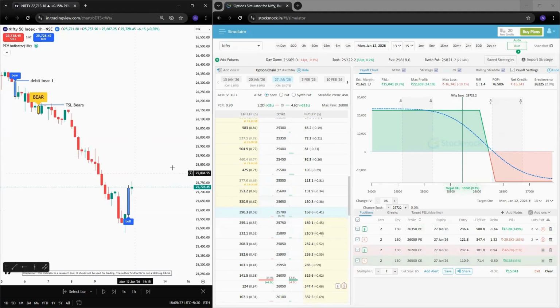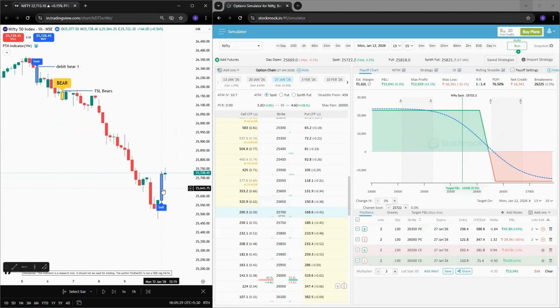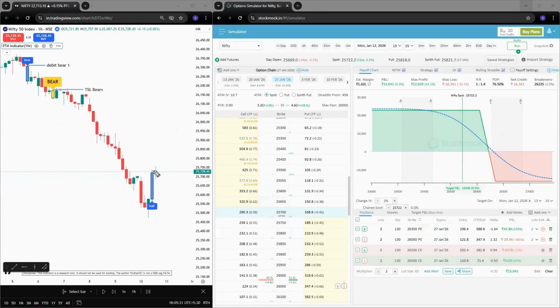Now I'm standing here. I have a small bull signal. Okay, very good. Now I have to check my entry condition. What is my entry condition? I have to check what the previous big signal is.